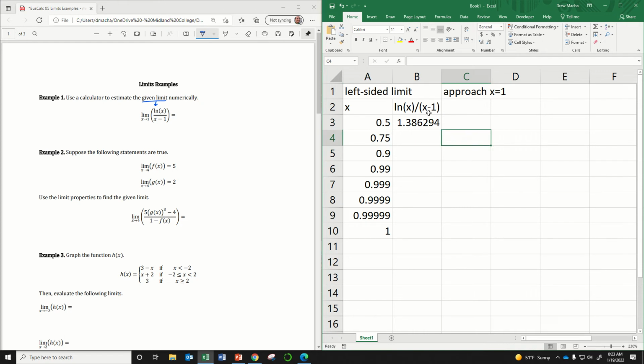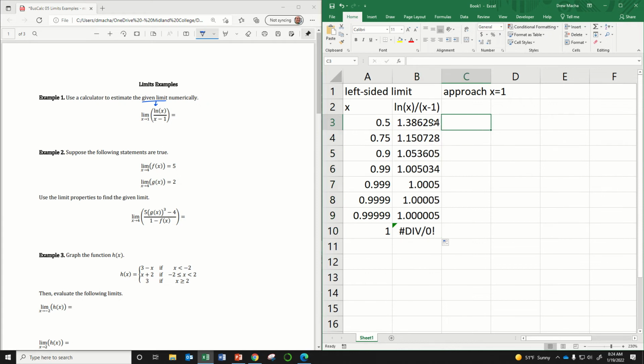And Excel is really powerful because you can create a full table of values really easily. So what I'm going to do is click on the cell that has my formula and the value 1.38. And in the bottom right corner, I'll click and drag it down to complete my whole table.